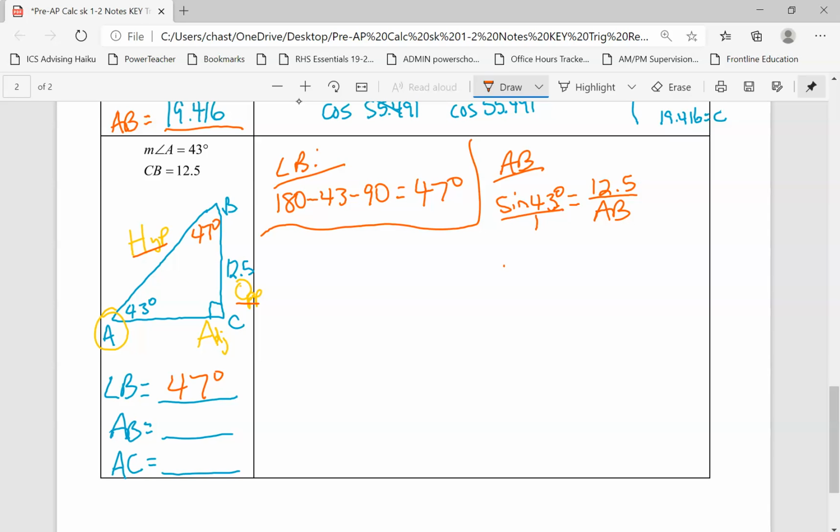Think of this like a proportion, so AB times the sine of 43 degrees equals 12.5 times 1. Divide both sides by sine of 43 degrees, and we get that AB is 18.328.